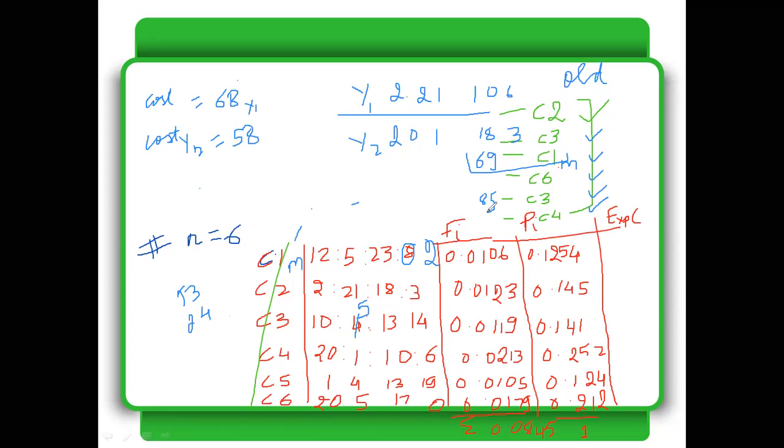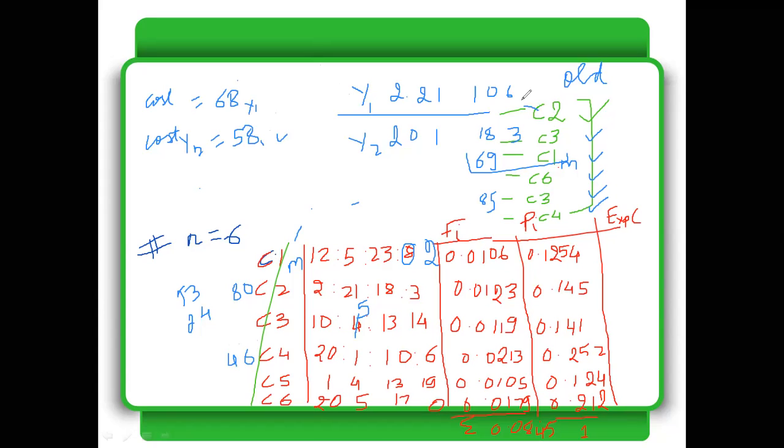What should my cost function value be? It should be minimum. So if my newly generated population member is lower than its parents, then we replace. Who were the parents? C2 and C4. The cost function value for C2 was 80, and for C4 it was 46. So definitely I can replace C2 with y2. So in place of C2 I can add y2.